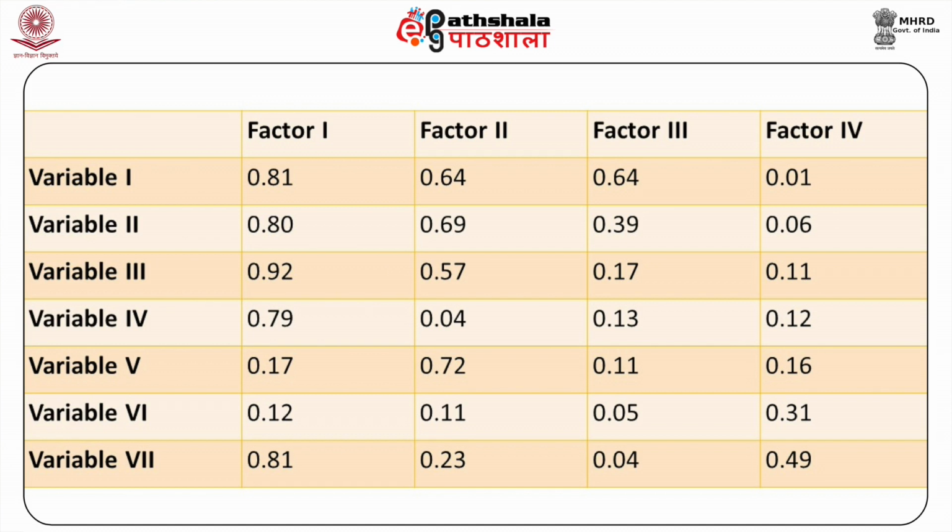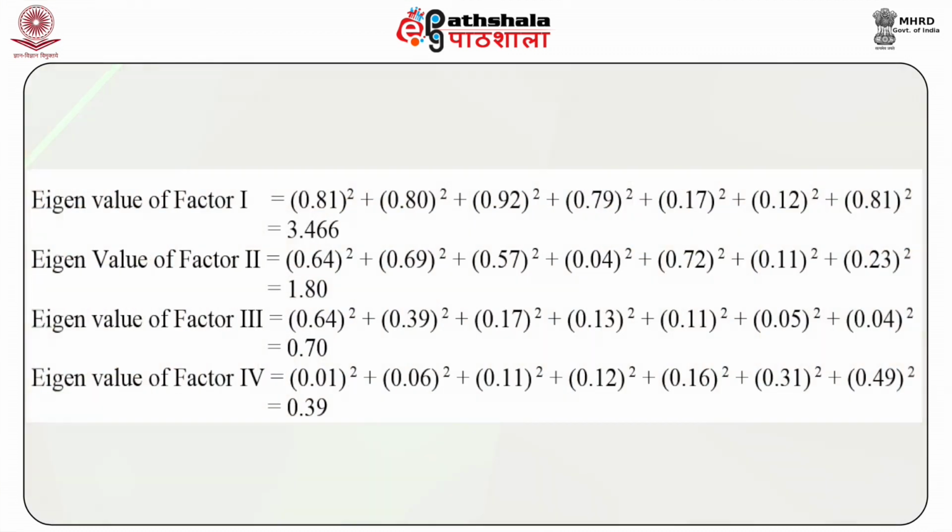To calculate the eigenvalue of each factor, you square each loading and then sum them. Therefore, the eigenvalue of factor 1 is equal to 0.81 squared plus 0.80 squared plus 0.92 squared plus 0.79 squared plus 0.17 squared plus 0.12 squared plus 0.81 squared.